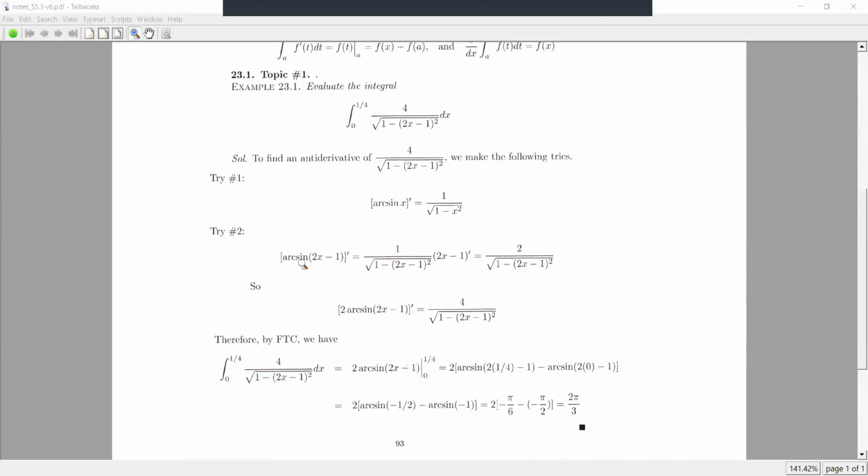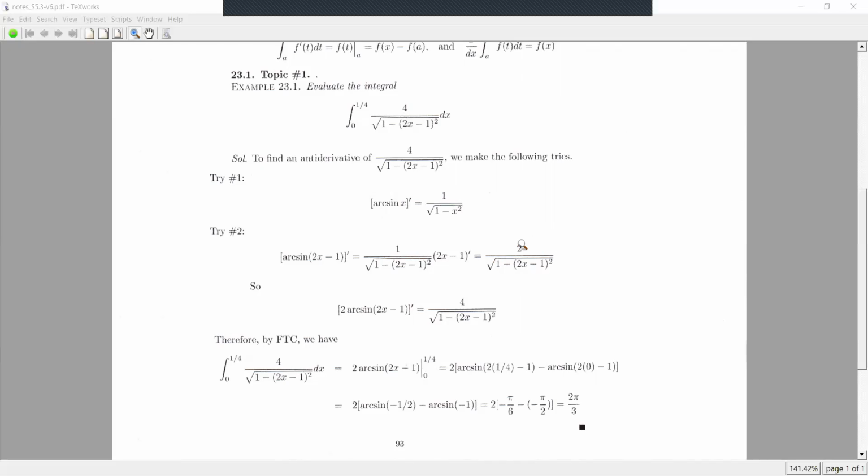Now the chain rule. Take the derivative of arcsine of u. It is 1 over the square root of 1 minus u squared, times, by the chain rule, the derivative of u. The derivative of 2x minus 1 is 2. So I get this.